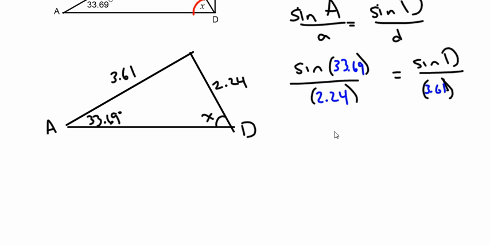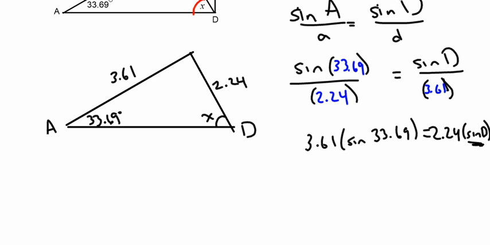So 3.61 times sine of 33.69 is equal to 2.24 times sine D. To isolate sine D, I need to divide by 2.24.